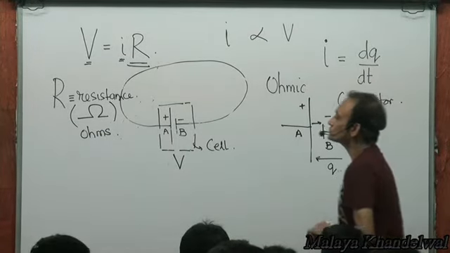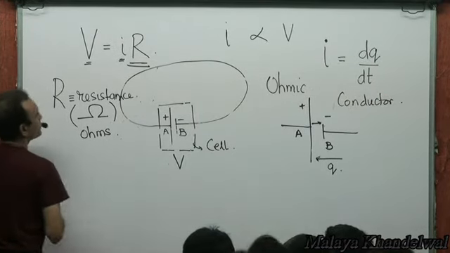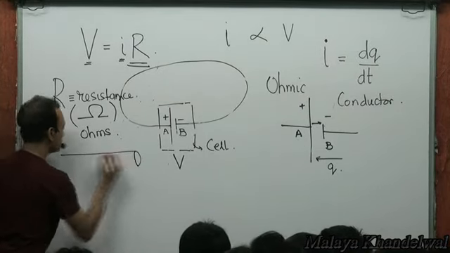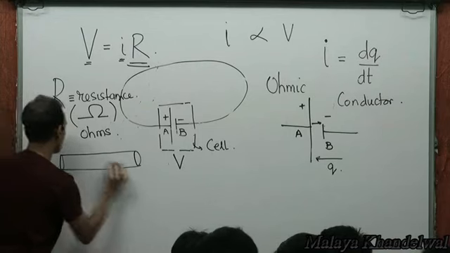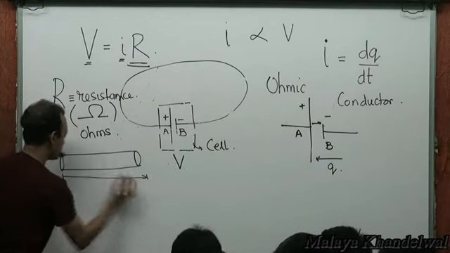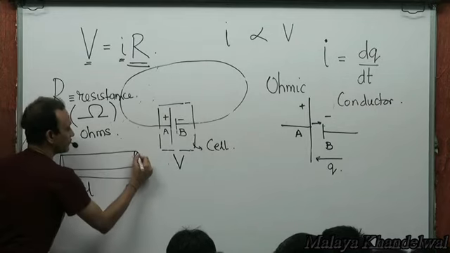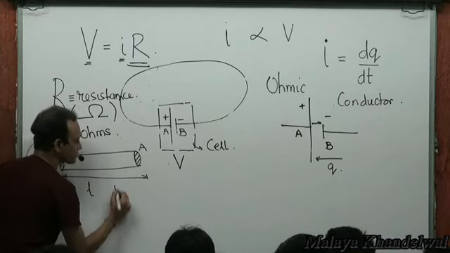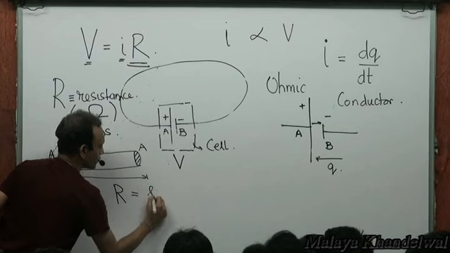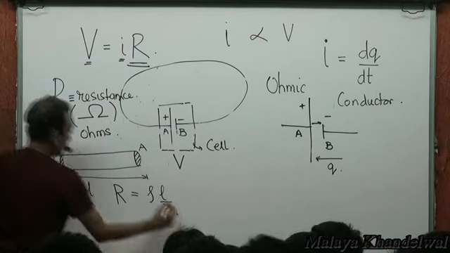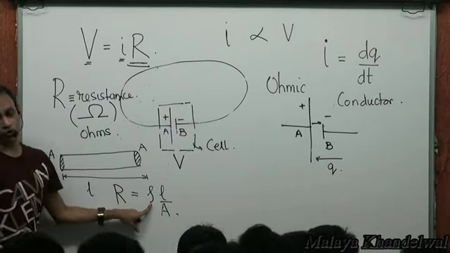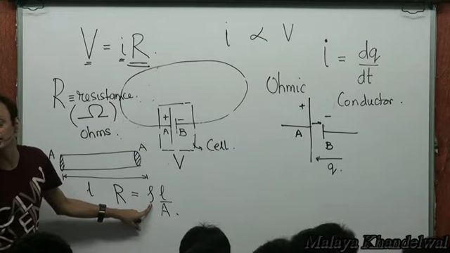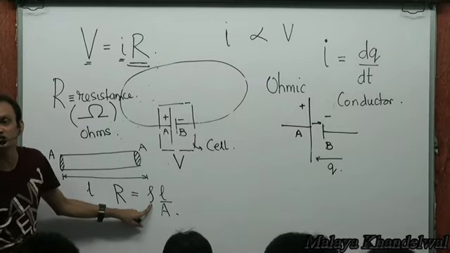Now, again, it has been empirically established that if there is a conductor of length L and area of cross section A, then the resistance of this conductor can be obtained by rho L by A, where L is the length, A is the area of cross section, and rho is a property of the material of which the conductor is made, and is called specific resistance or resistivity of the material.